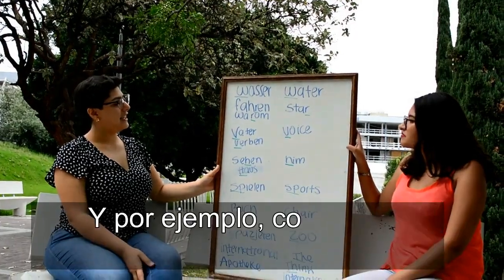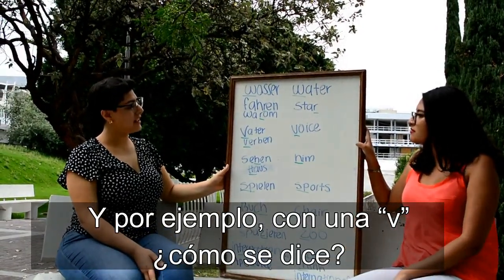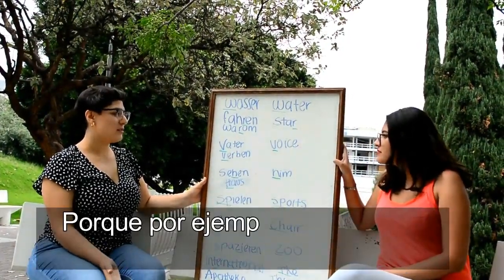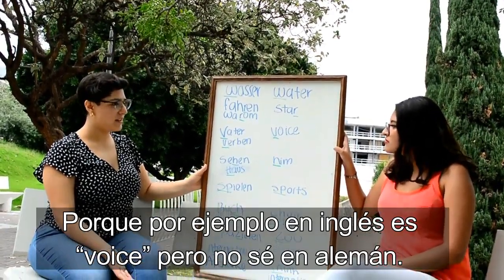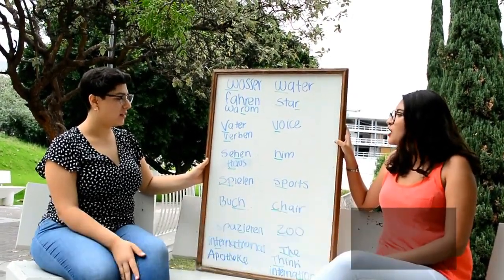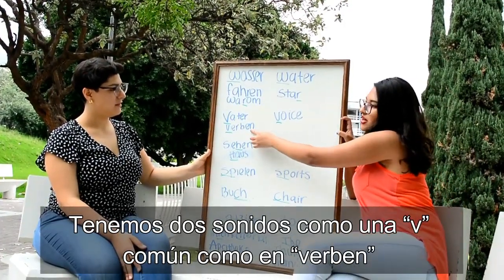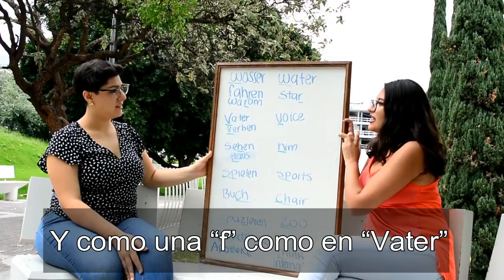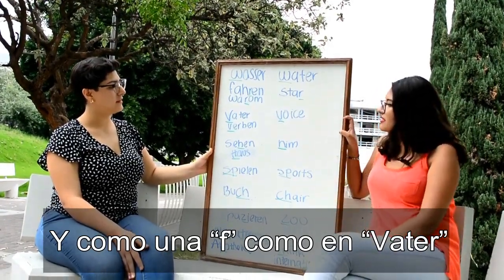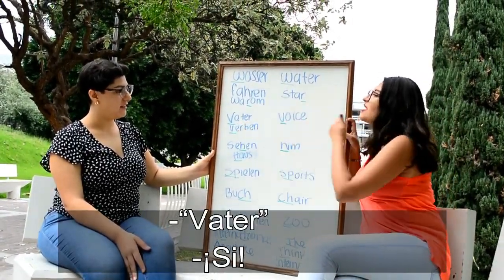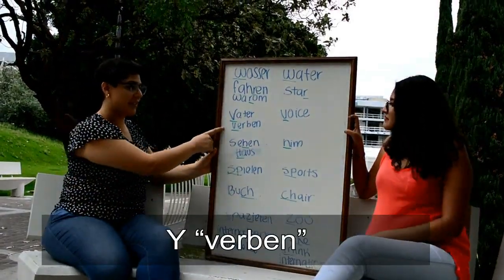Okay. And for example, what about a V? Because, for example, in English it's voice, but I don't know in German. We have two sounds, like the common V, for example, in verben, and like an F in Vater. Vater. Yes.